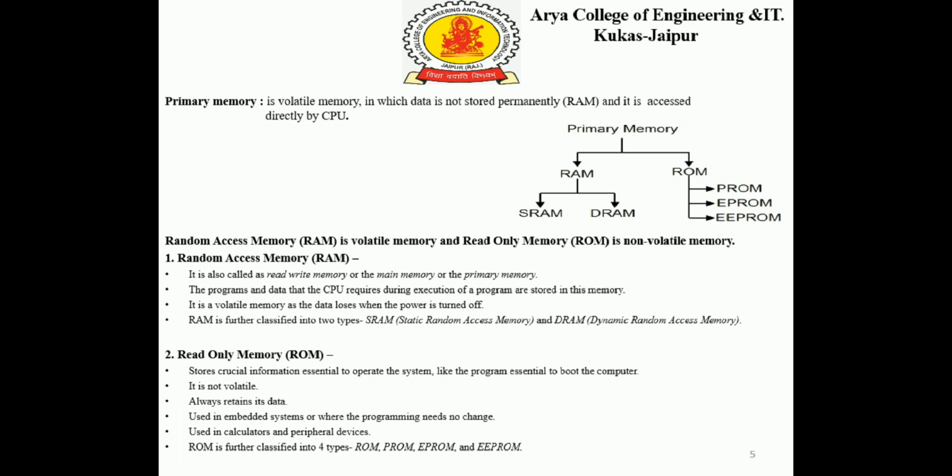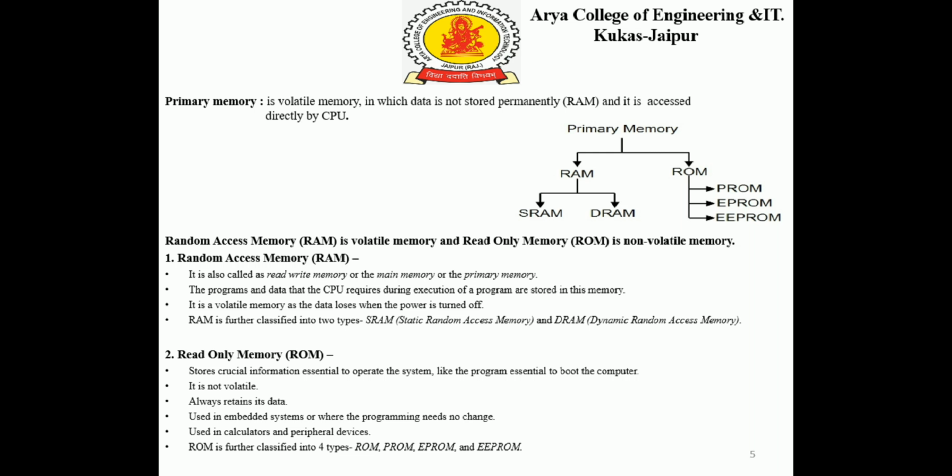Next, primary memory. The primary memory is a volatile memory, which means the data is temporarily stored until the power is on. After the power is off, the data is lost. Example, RAM. After switching off the computer, the data which is in RAM is deleted.